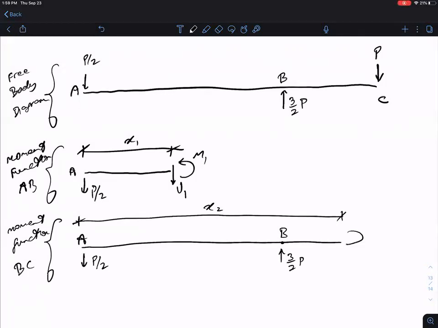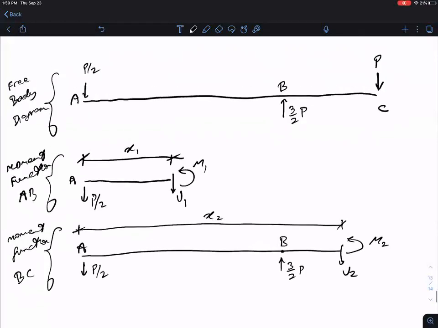And then the end moment and shear, which are unknown, we'll call M2 and V2 respectively. Let's also specify this dimension between A and B.